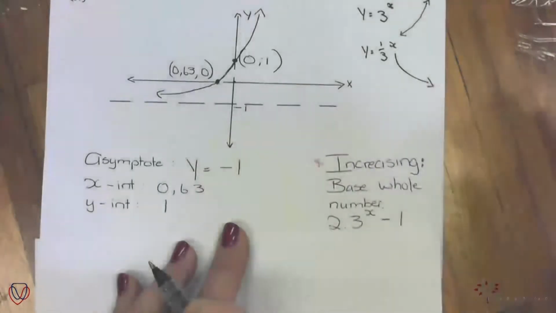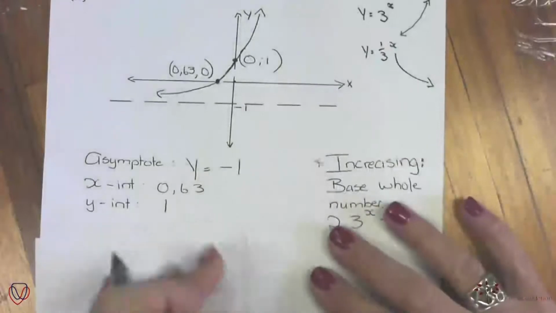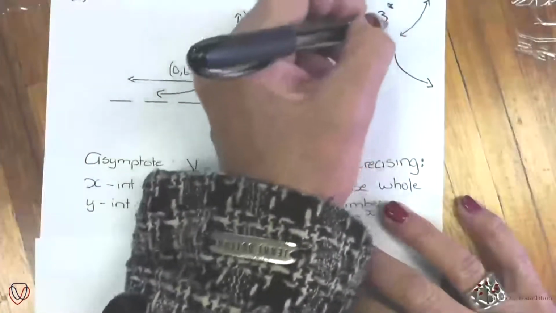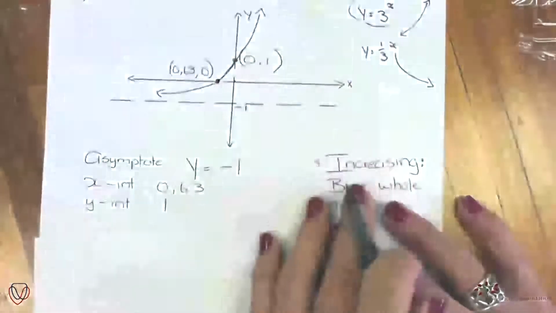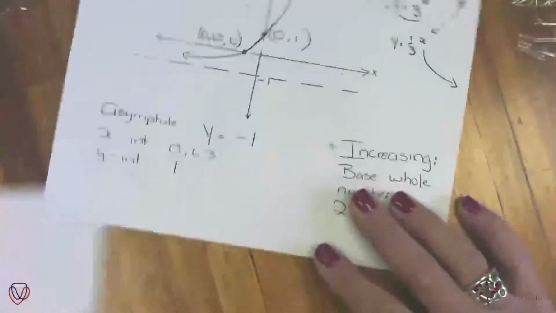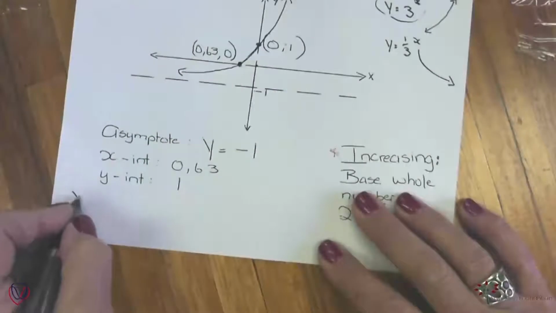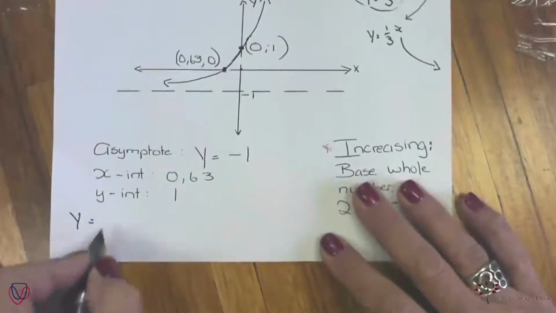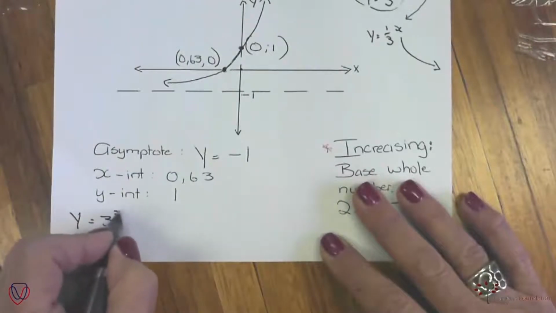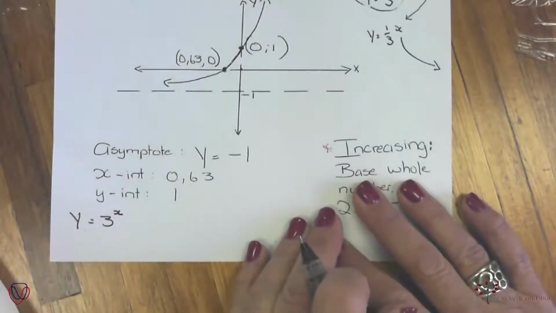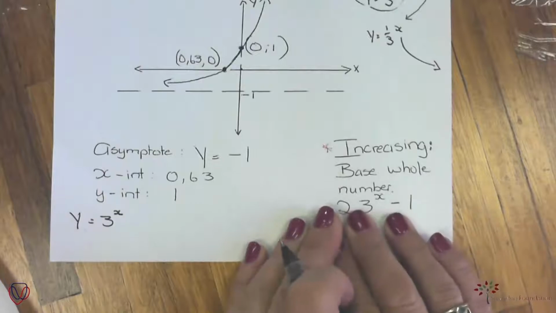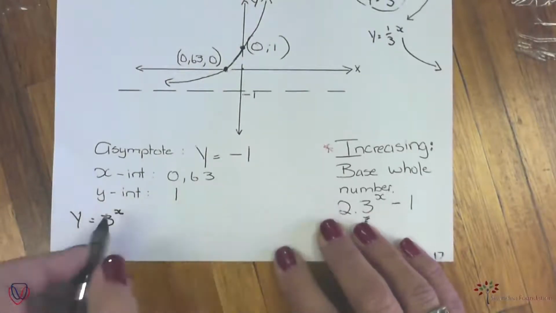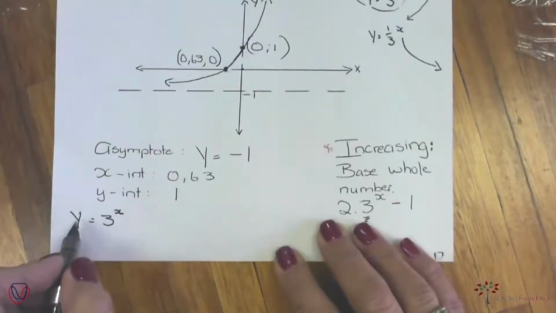Let's quickly go back to this little thing I did there. What will be the equation of the inverse of that graph? I'm going to do it here at the bottom. Y is 3 to the power x. I want the inverse of that graph. It will become a log graph because the x and the y will swap.